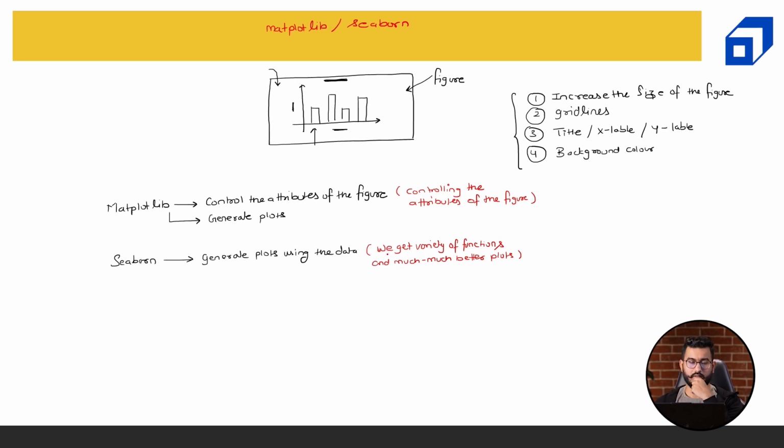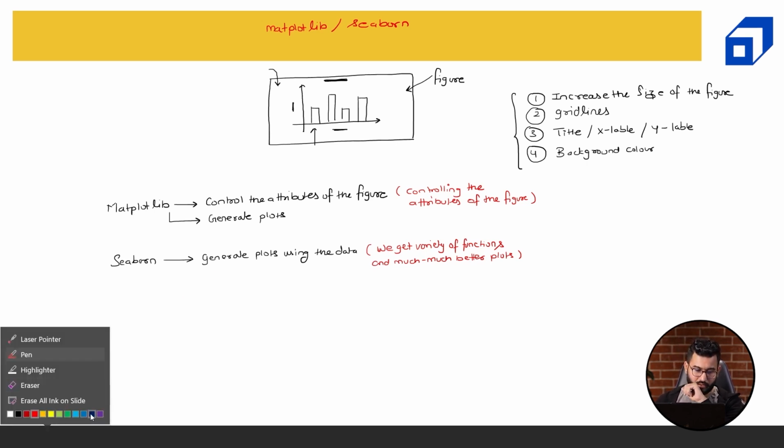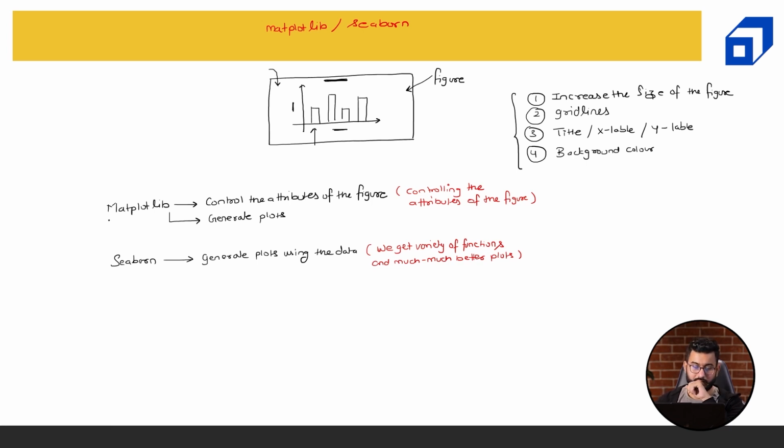Now this is what your Matplotlib library is. So in short, or just to summarize, we use Matplotlib library as a core library to control the attributes of the figure. We use Seaborn as a core library to generate plots from the data.